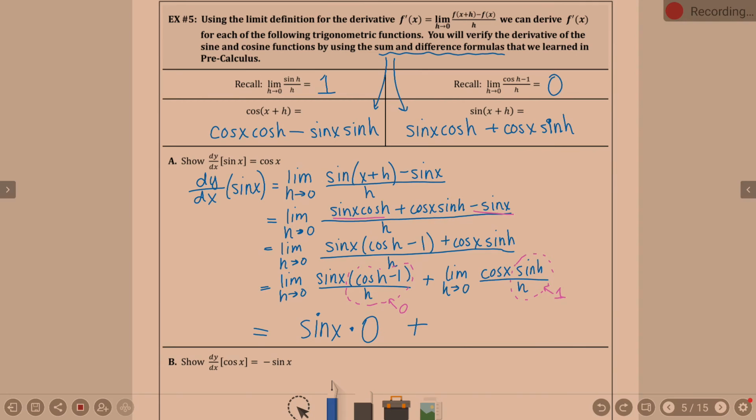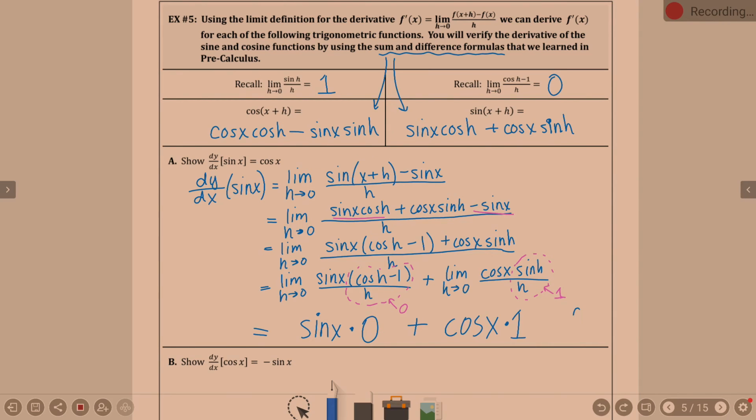Cosine x is just cosine x, because h approaching 0 isn't going to affect cosine x, times the limit of sine h over h, which is going to be a 1. Well, sine x times 0 plus cosine x times 1 is all going to work out to be cosine x.